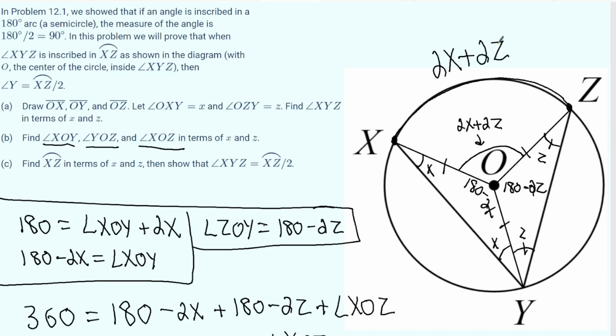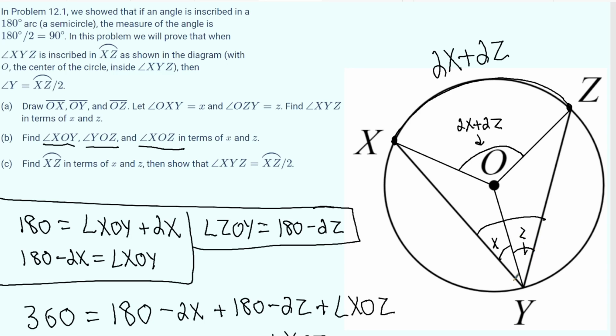Well, if I get rid of all this work we've done because it's cluttering up everything, let's erase some of this stuff and just look at the inscribed angle that we had. That inscribed angle we started with, angle XYZ, this one right here, has a value of x plus z.